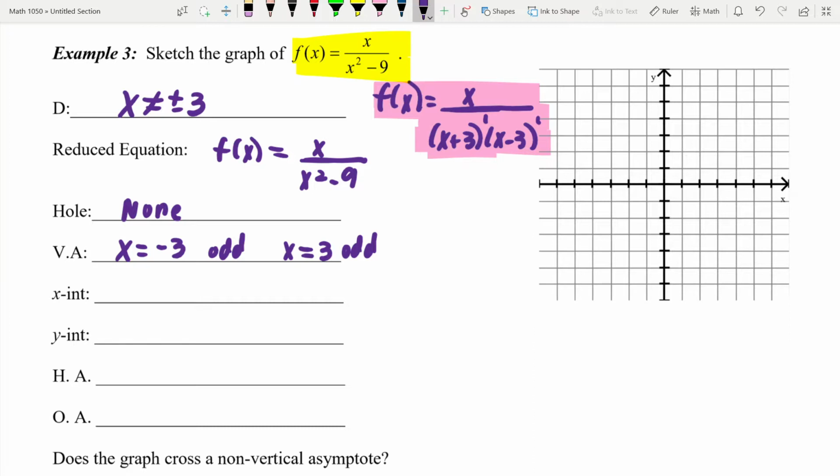To find the x-intercept, you let y be 0, which is the same as letting the blank be 0. What's the blank? The top, right? So I have 0, 0, odd. Odd means cross. If 0, 0 is an x-intercept, it's also a y-intercept.